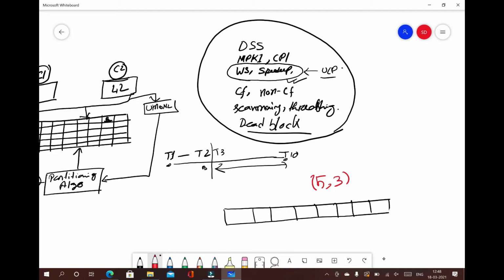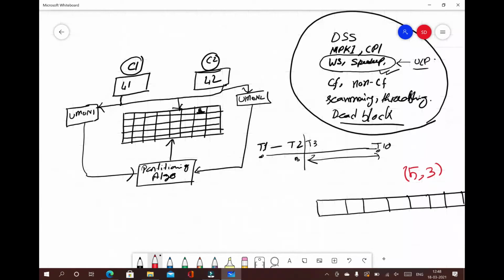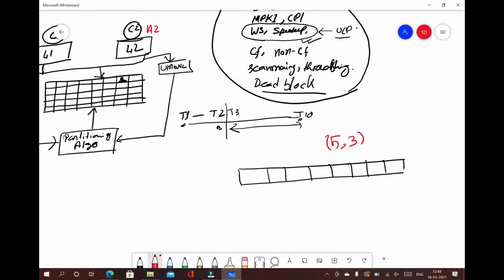If you remember my previous lecture, assume that application a1 is running here and application a2 is running here, and 5,3 means a1 has 5 ways and a2 has 3 ways. The blocks could be like a1, a2, a1, a1, a2, a2, a1, like this.